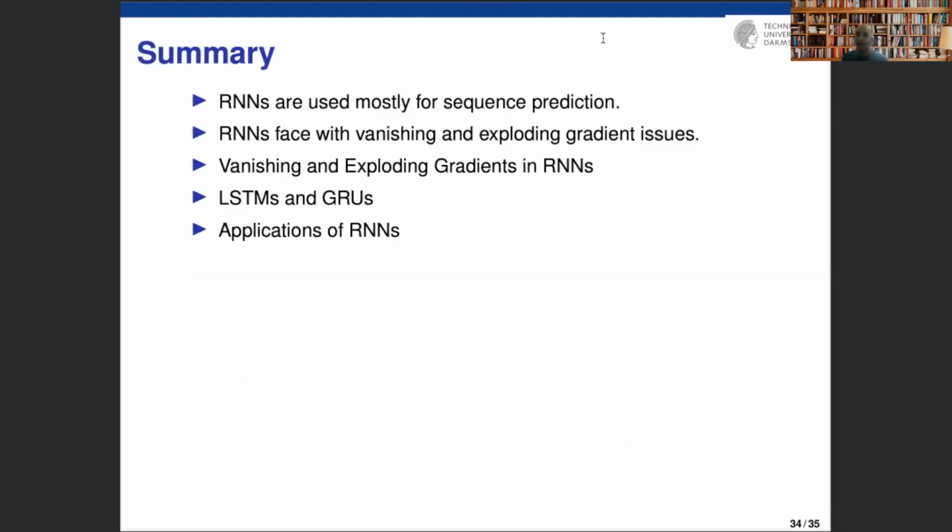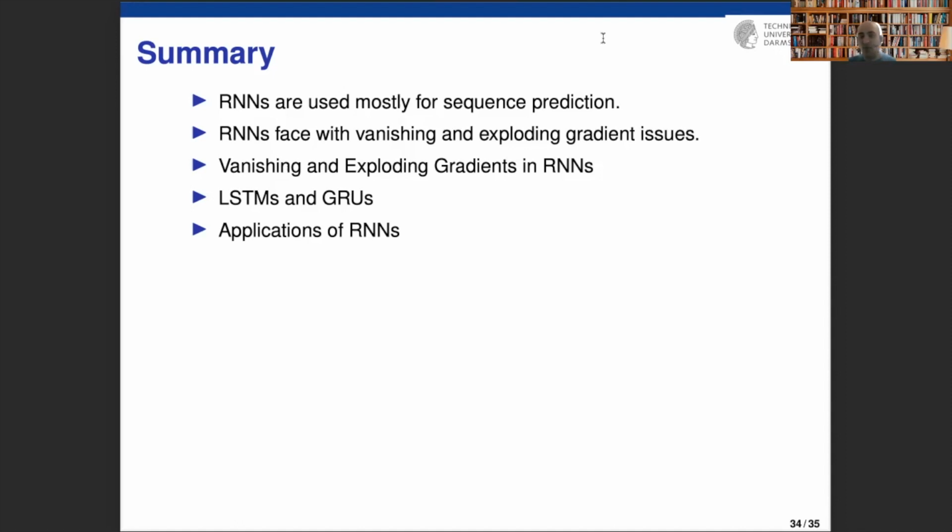Just to wrap it up, in this lecture we discussed RNNs. We have seen that they are mostly useful for sequence prediction, although they can also be used for sequence classification tasks. The main motivation behind RNNs is to process a sequence of inputs where elements of the sequence depend on each other.